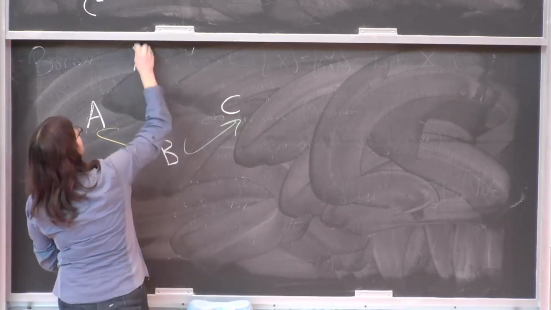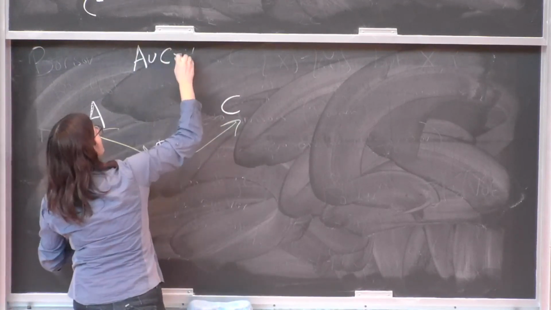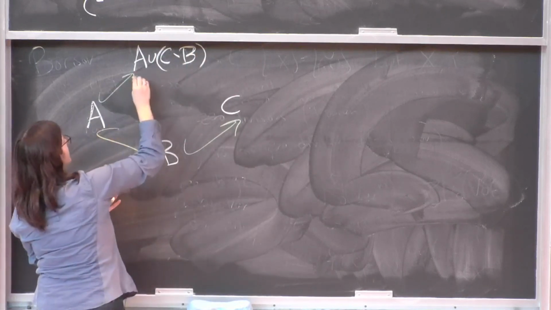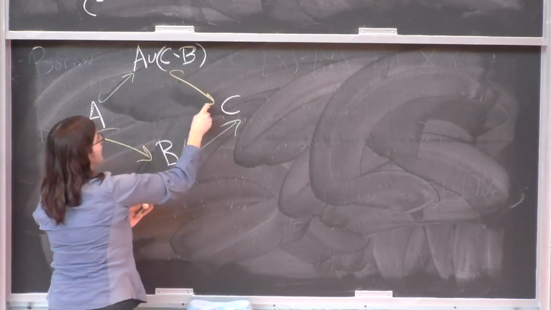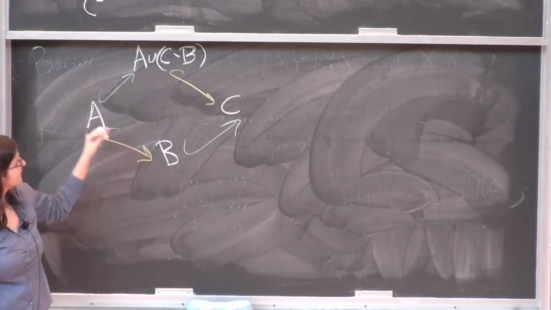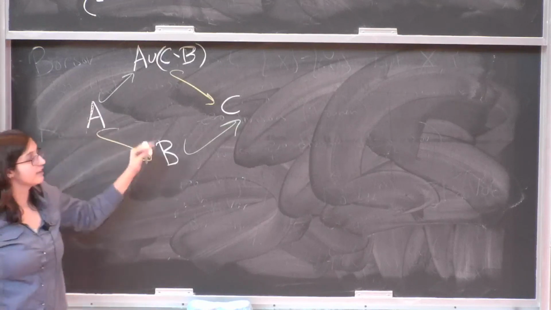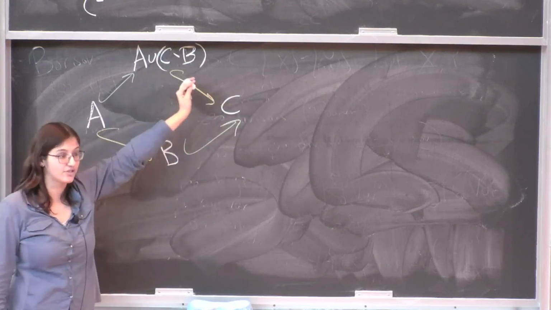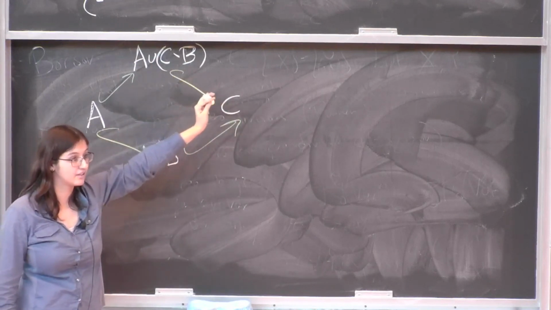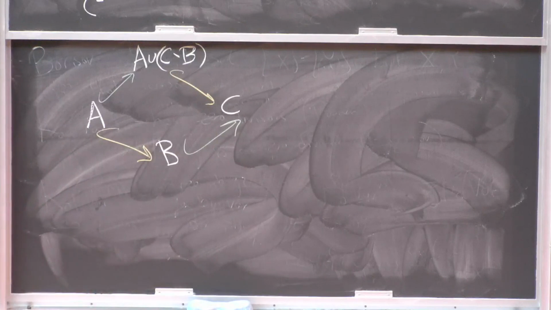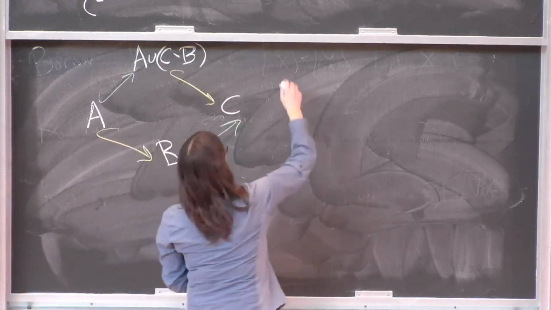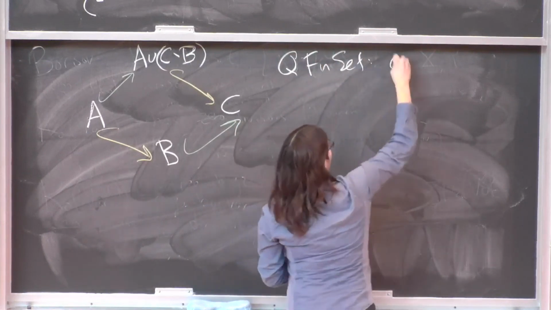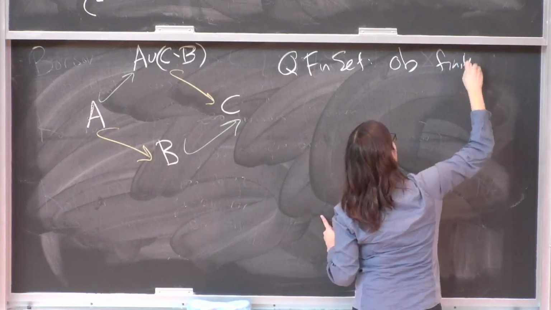So what I can put here is A union the complement of C in B. And I can say, OK, I'm going to declare this one to be green and this one to be yellow. And now the complements of the yellow injections are the same, and the complements of the green injections are the same. So now I can define Q of finite sets to have objects finite sets.